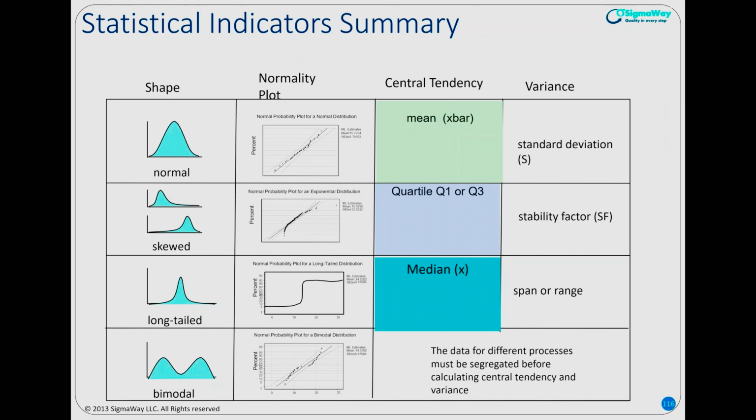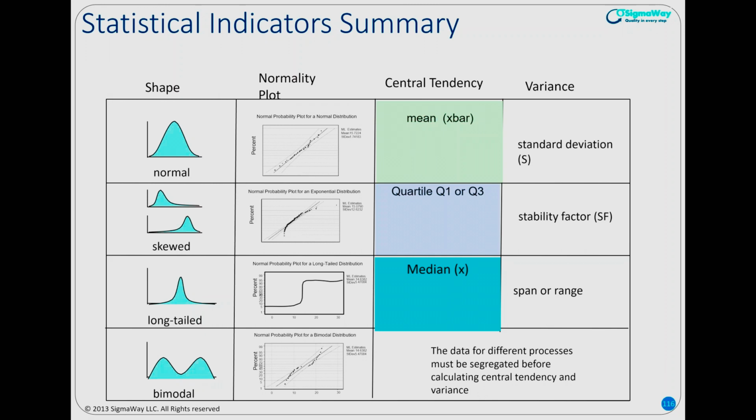So if your data is normal, you use mean as the central tendency. If your data is long-tailed, then you would use median as the central tendency, and for variance you could use span or range. Now there's another shape below, called bimodal. Bimodal shapes tell you that your data is a mixture. It could be from two different processes, so you need to separate out the data.